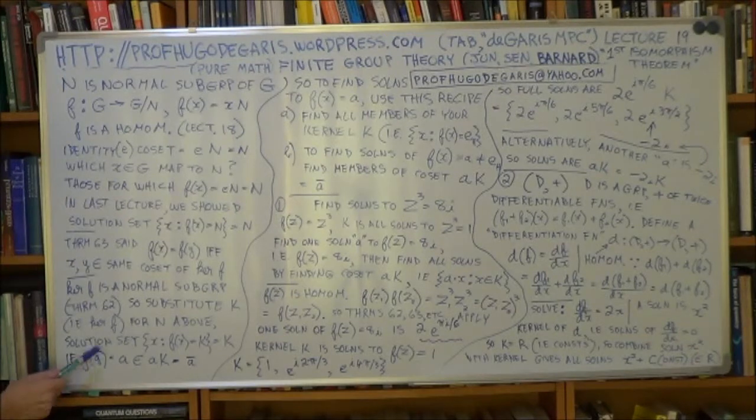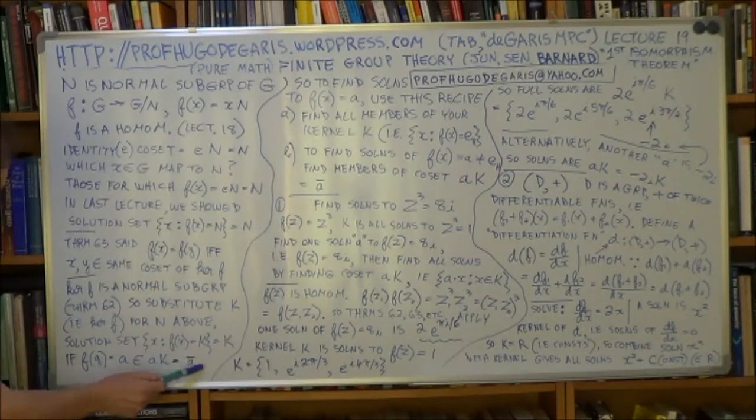So all those elements that map to little a will belong to the coset aK. So if we can find a solution a, then we just multiply it by the kernel.